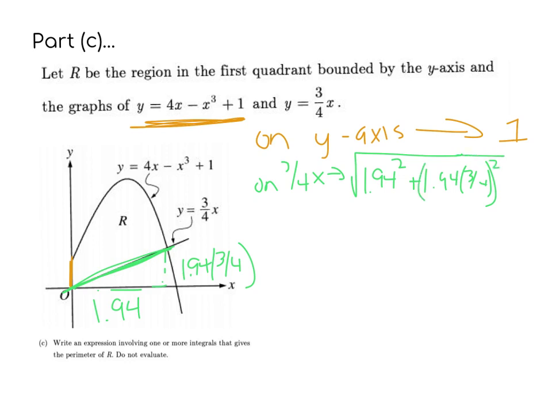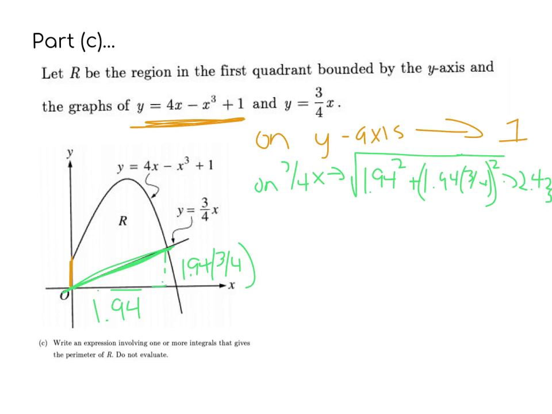And if I grab my calculator here, square root 1.94 squared. Again, you should use the exact value. Hopefully my lack of using the exact value won't hurt me. And I get 2.425.